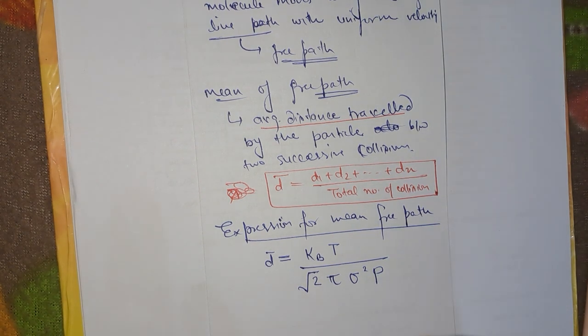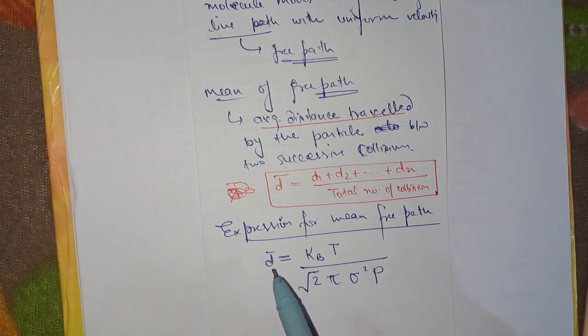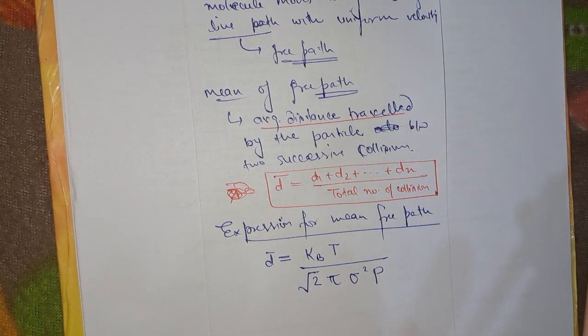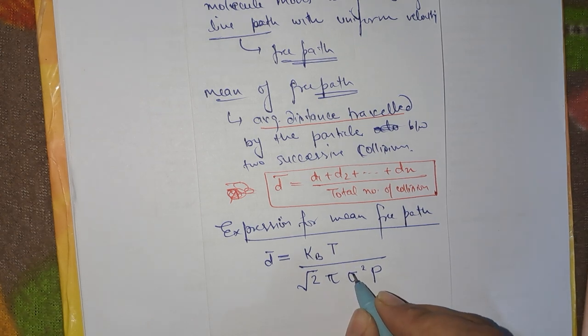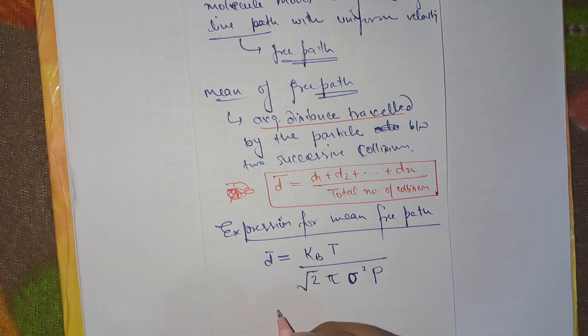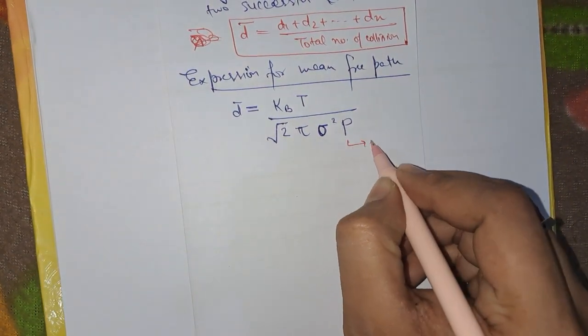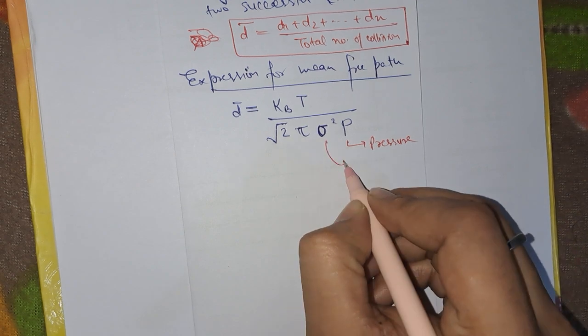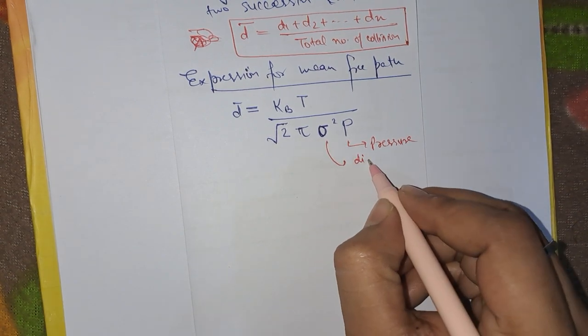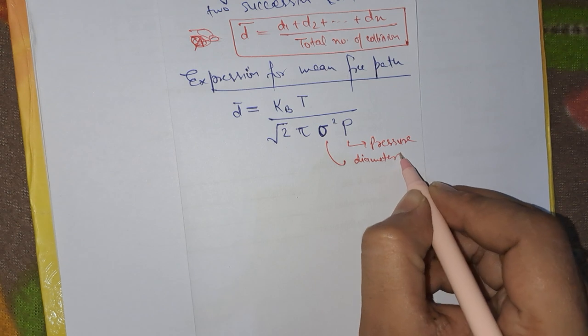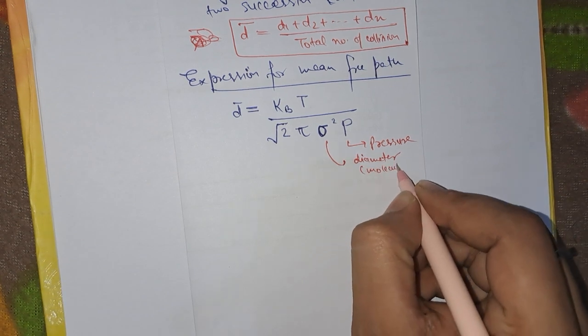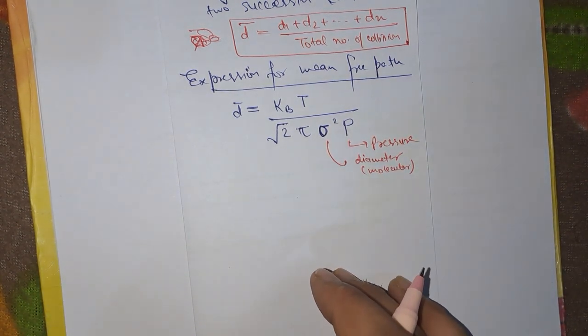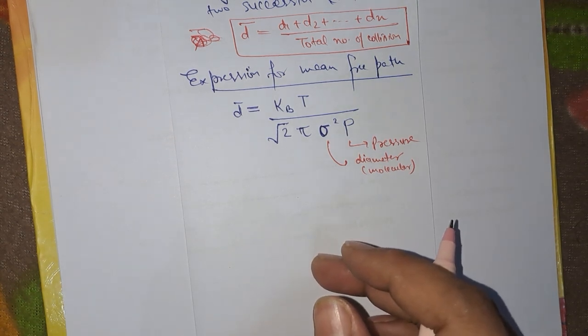So what does this say? That the mean free path depends on Boltzmann constant, absolute temperature, and pressure, and sigma is nothing but the molecular diameter.